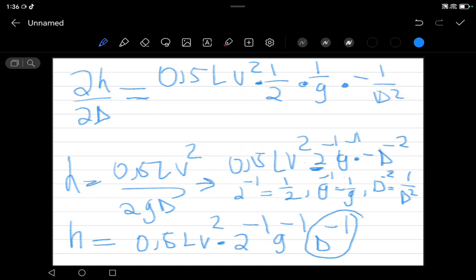Therefore the partial derivative of h with respect to g is going to be negative 0.5 LV squared over 2gd squared. Okay, do you have any question here? No. Okay, so this is how we differentiate it.